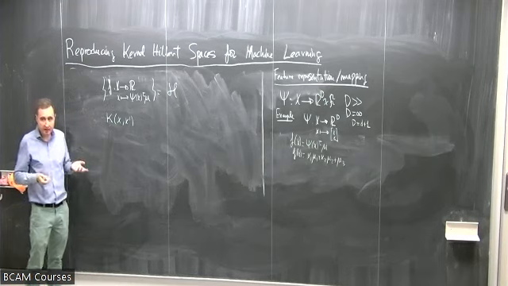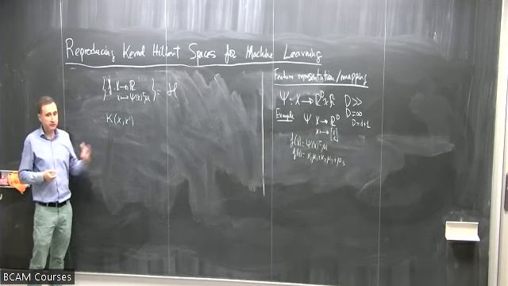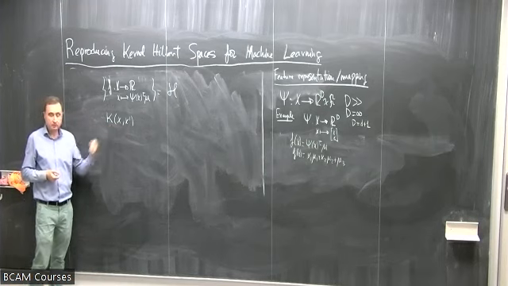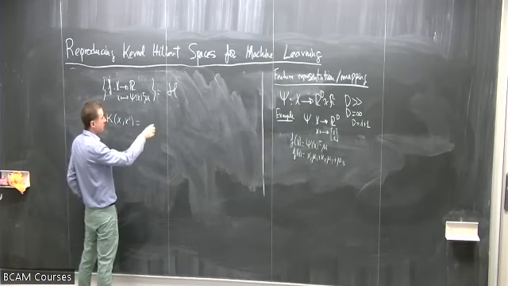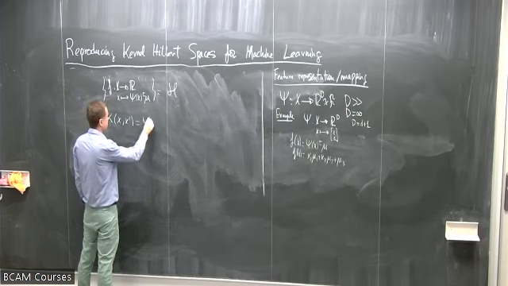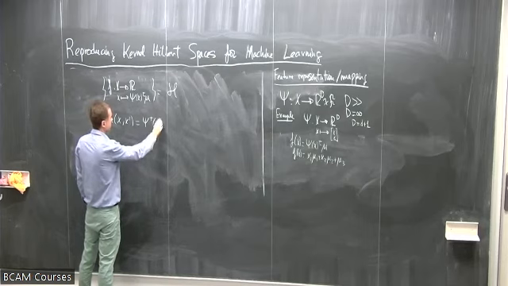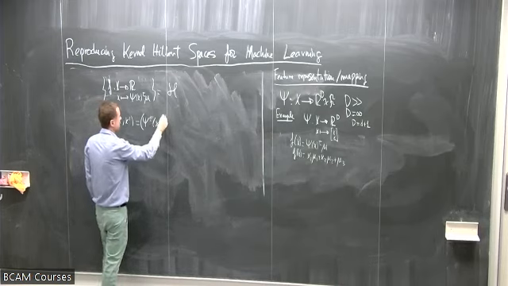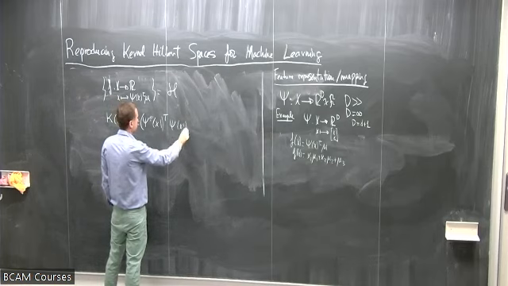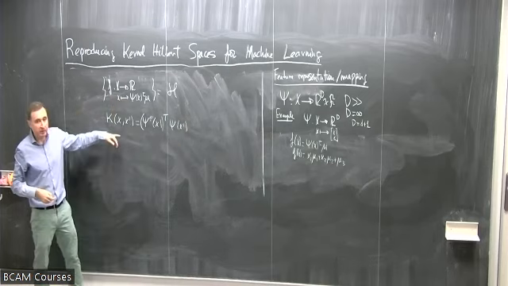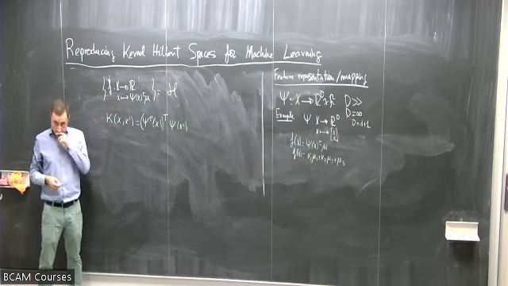It's going to be the kernel, such that inner products in feature space are going to be given by the values of the kernel.